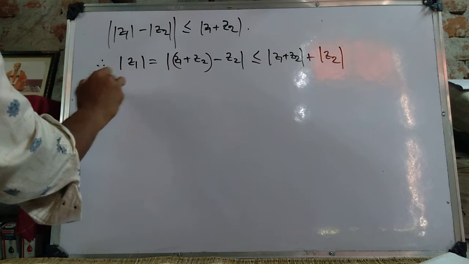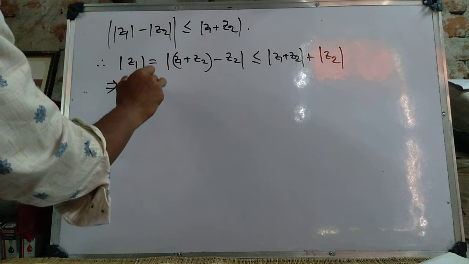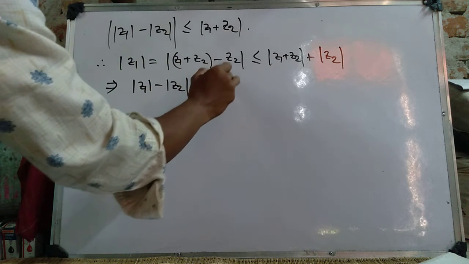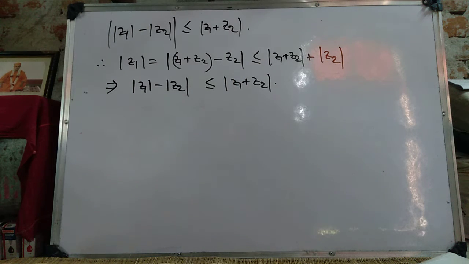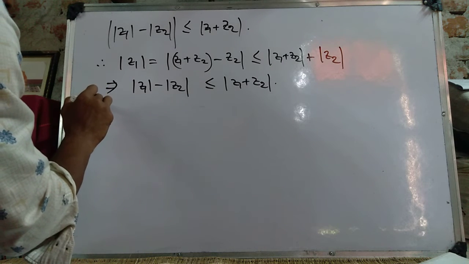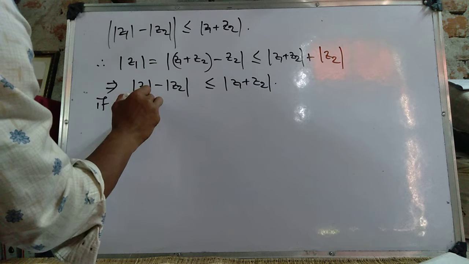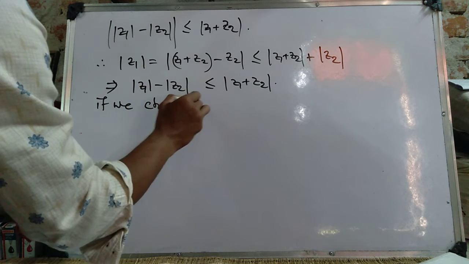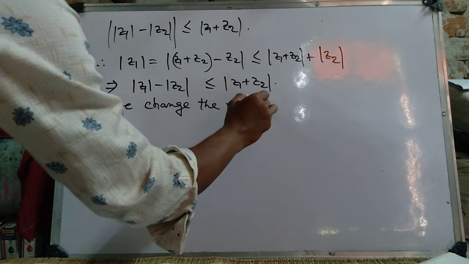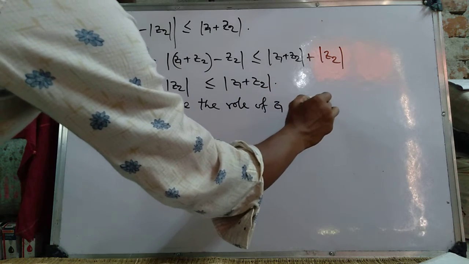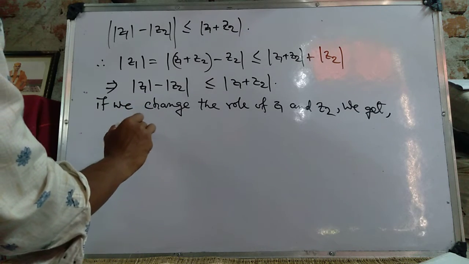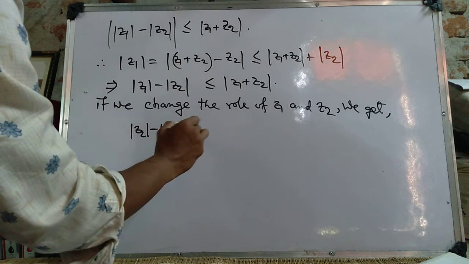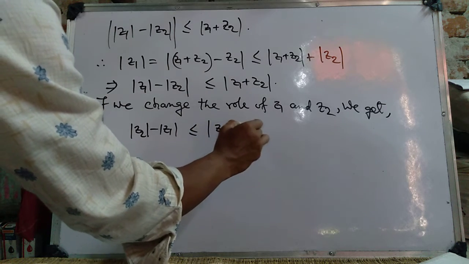Okay, |z1| − |z2| ≤ |z1 + z2|. If we change the roles of z1 and z2, we get |z2| − |z1| ≤ |z1 + z2|.